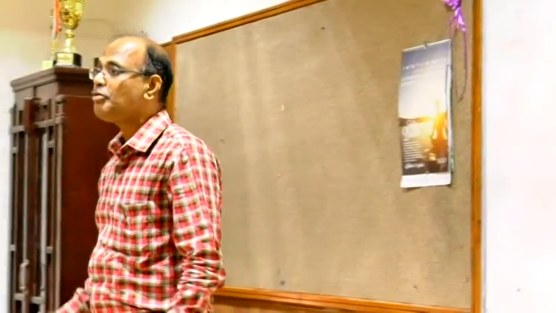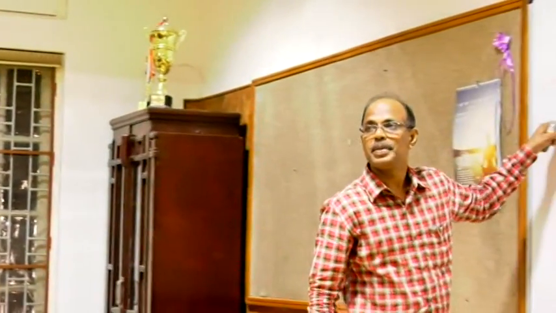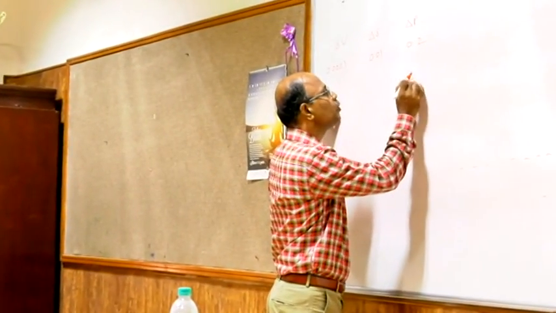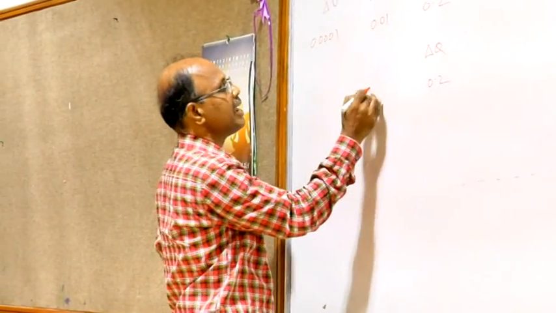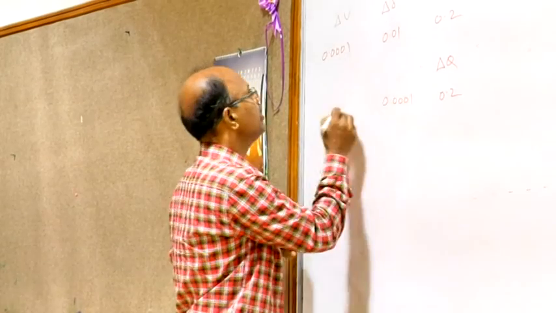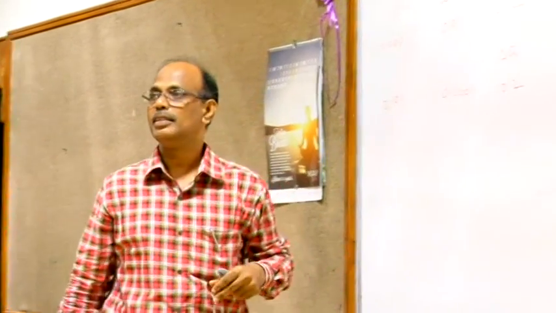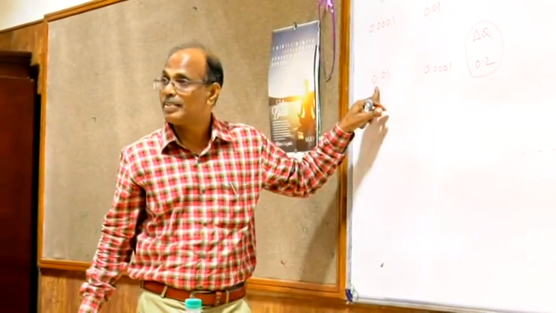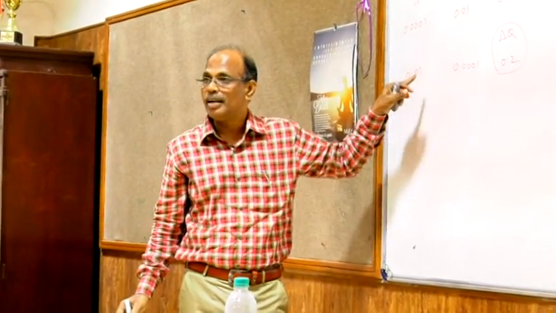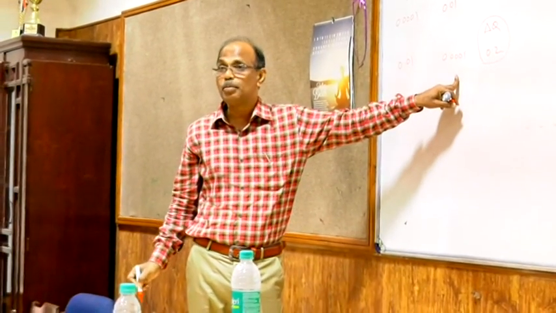If you make any change in real power, that will have a significant effect on bus angles, and a very negligible effect on delta V. Similarly, if you make a delta Q small change of 0.2, it will have an insignificant effect here, but a significant effect there. If you make a 0.2 change in delta P, a large change takes place in delta V in the other case, and here it will have a very negligible effect on this.